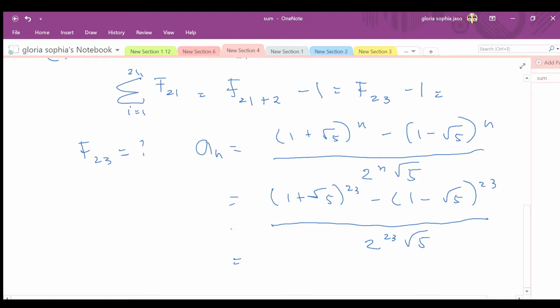So let's use our calculator to do that. So 1 plus square root of 5 raised to 23 minus 1 minus square root of 5 raised to 23 all over 2 raised to 23 times square root of 5.